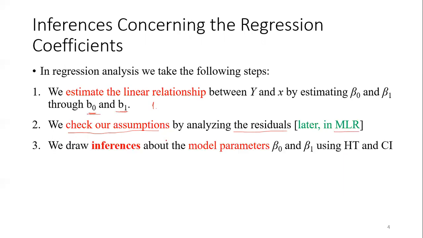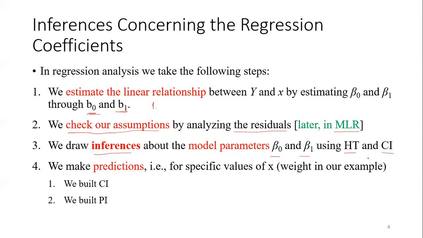Okay? So in the third step, we draw inferences about the model parameters, beta 0 and beta 1, by using hypothesis tests and confidence intervals on the parameters. Then, if we feel confident enough, if we feel that our model is right and our assumptions are valid, we make predictions. What do we mean? For example, in our height and weight example, for any given height, we build confidence intervals on mu of Y given xi.